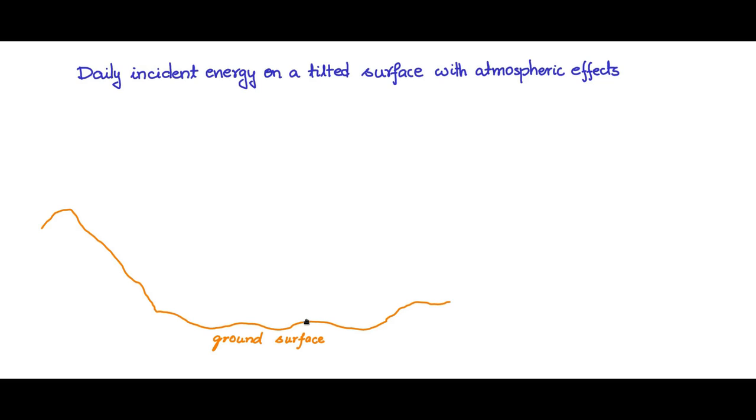Now on this ground surface, let me place a flat plate collector, and that flat plate collector is kept in an inclined manner like this, mounted onto struts, and it is at an angle beta to the horizon. Beta is the tilt angle.